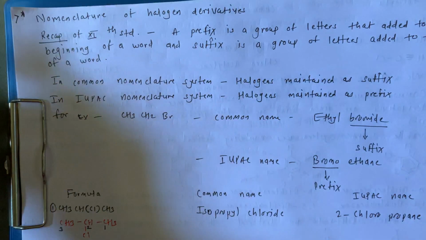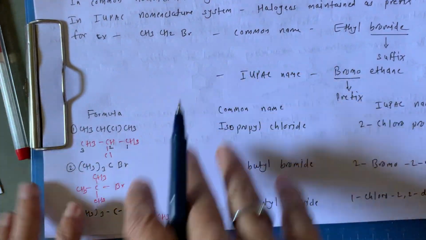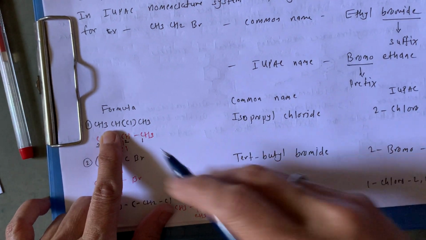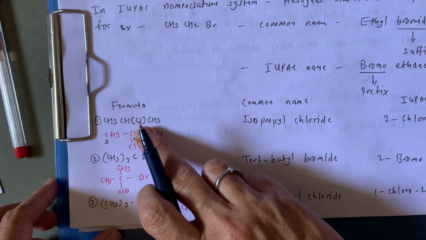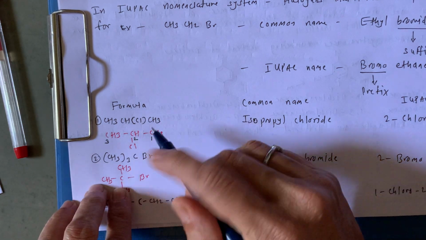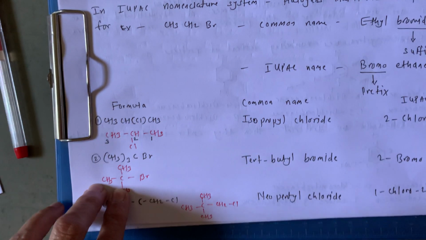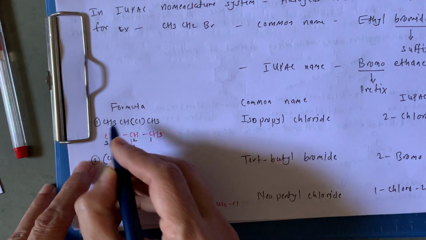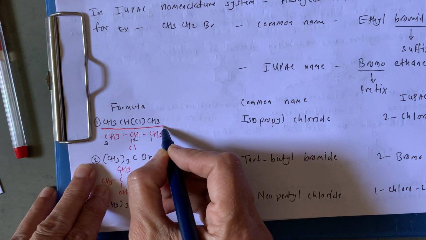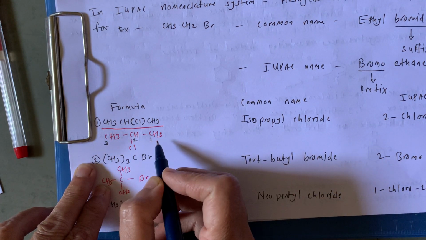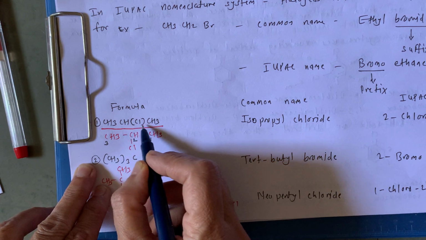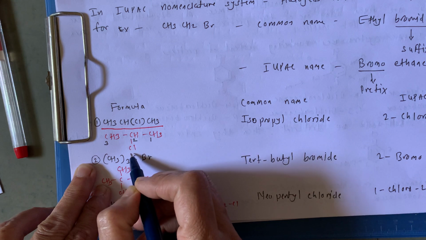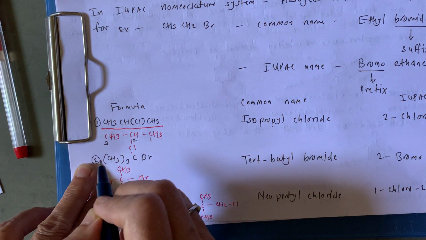Okay. So now the first example I am going to take here is CH3 CH(Cl) CH3. This is a condensed formula. Okay, are you getting this? This is our condensed formula. So when we write it separately, this is CH3 dash CH, and to this CH, in the bracket Cl means Cl is attached here, then here is CH3.